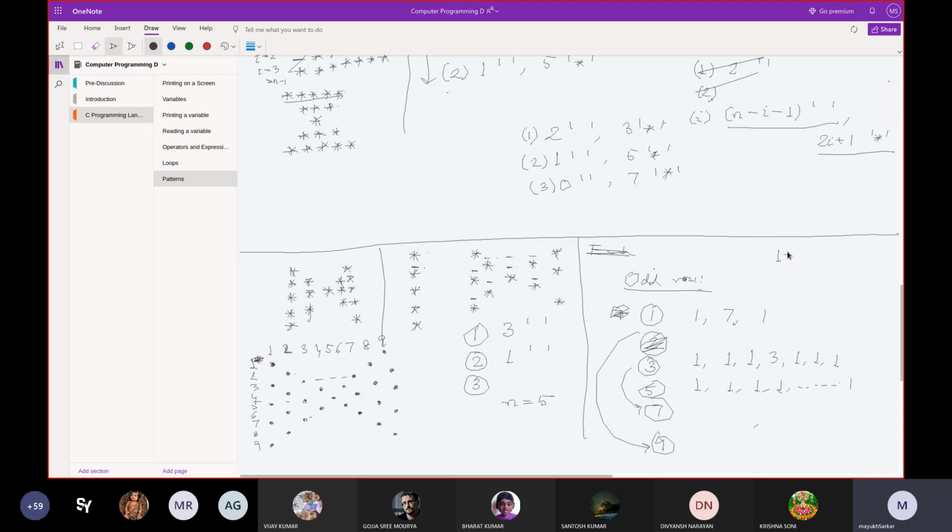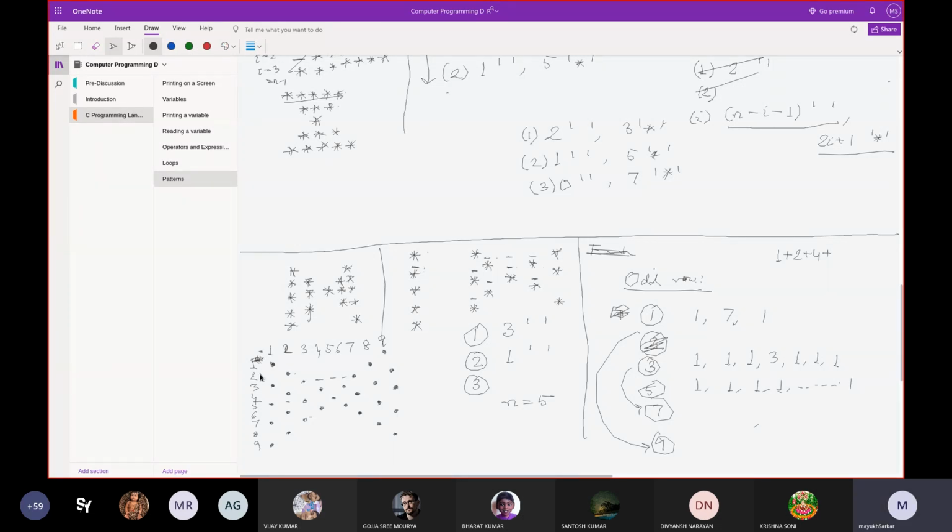So 1 plus 2 plus 4, that means it starts from the middle one. Then how many spaces would there be if the count would be 7? Observe that as well.